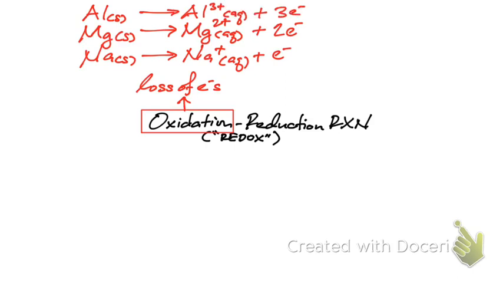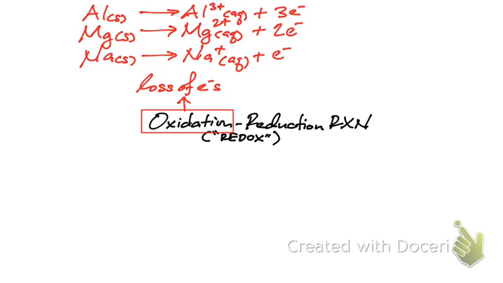And so in order to determine how many electrons are being released, you need knowledge of ionic charges. So for example, group 1 elements typically have a +1 ionic charge. Group 2 elements tend to have a +2 charge. And group 3 tend to have a +3 ionic charge.